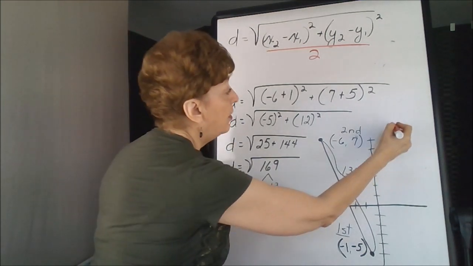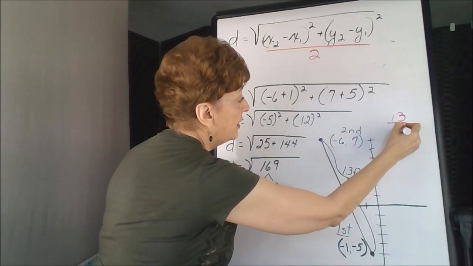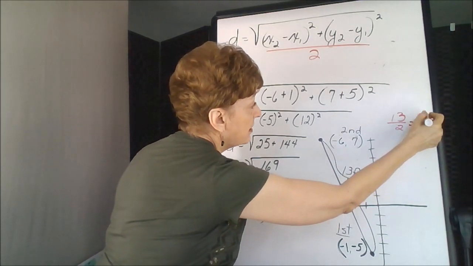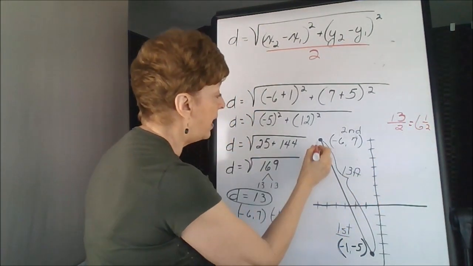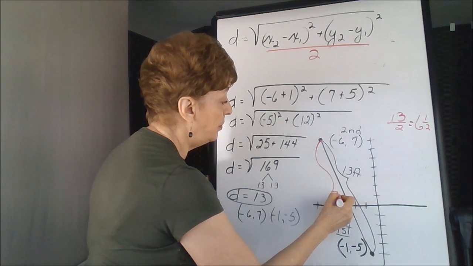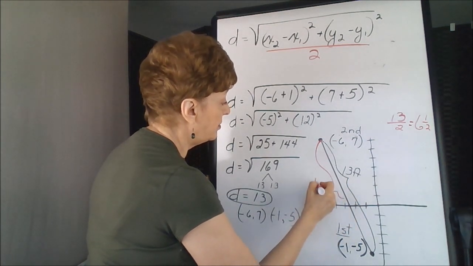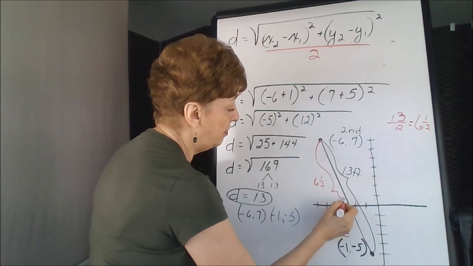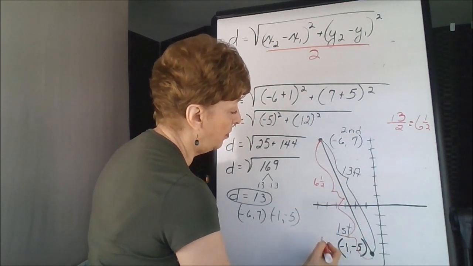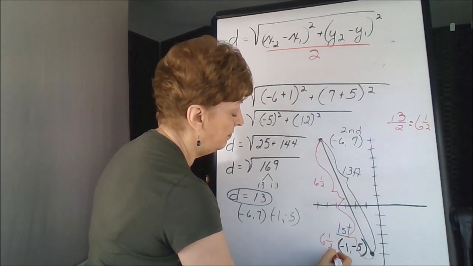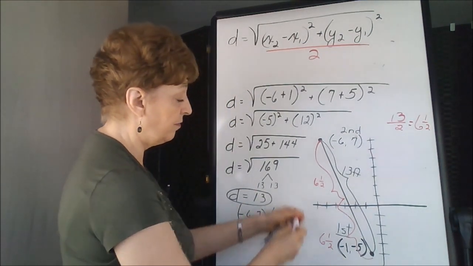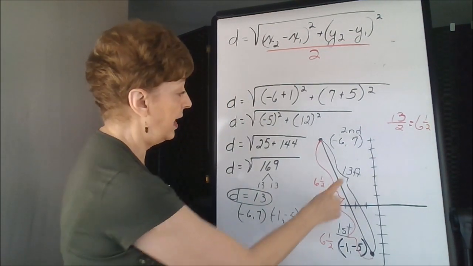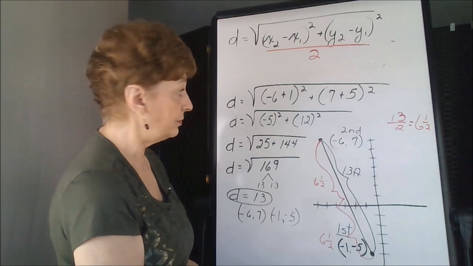That would be 13 divided by 2, which is 6 1/2. So we know now that from here to the midpoint is 6 1/2 feet, and from the midpoint to this other end point is 6 1/2 feet. And that makes sense because 6 1/2 plus 6 1/2 does add to 13 feet.